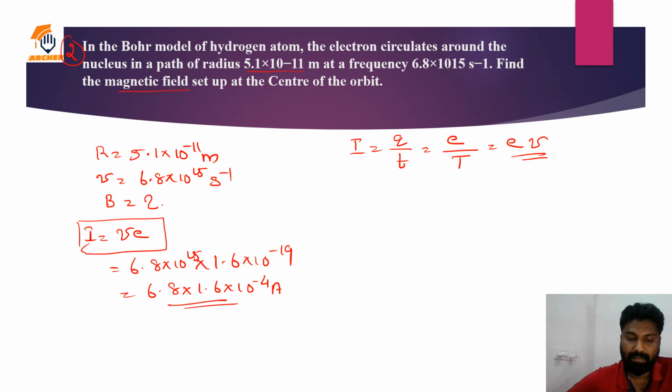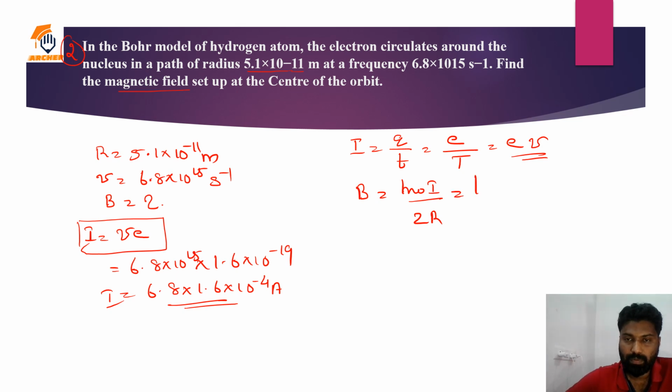And what is B here? We got I. So we can write the equation for magnetic field as μ0 I by 2R, right?